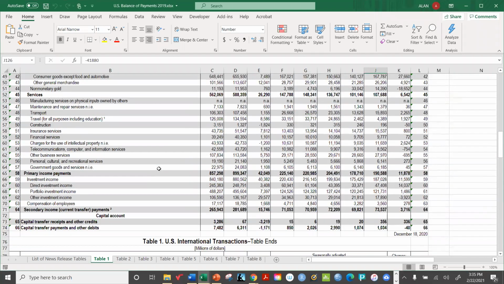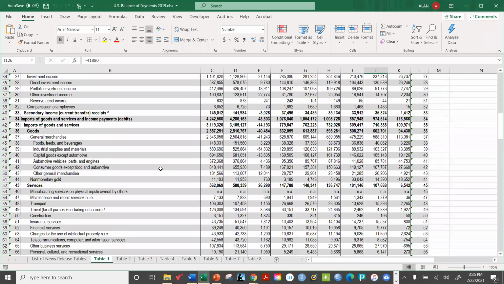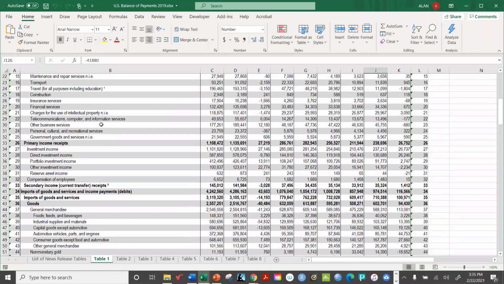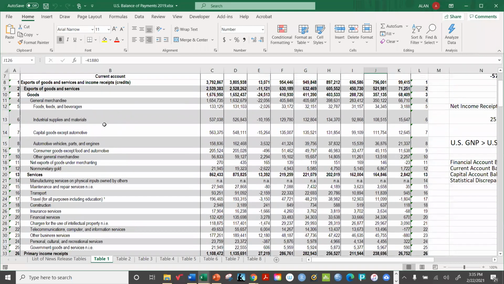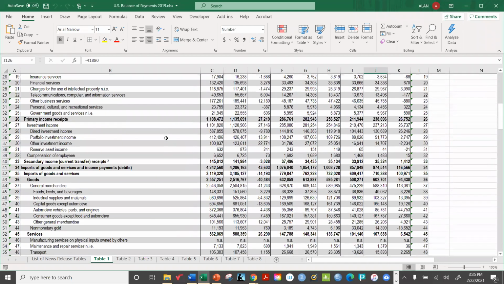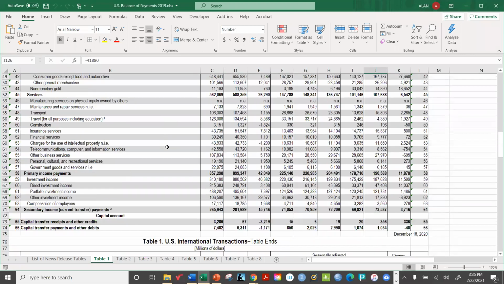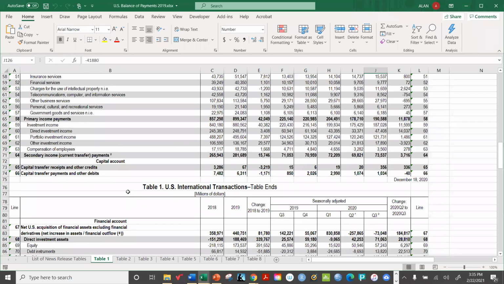They would be in the current account, probably in a separate category. It might be this. I'm not sure. I'd have to look it up.